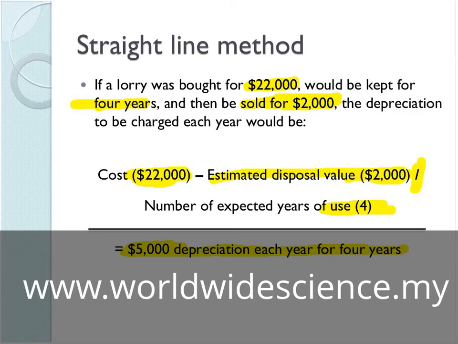So here it is given to you. In the income statement, we show the profit and loss account. We must show our depreciation, right? Based on the presentation, we show our equipment for 22,000, and we less the depreciation, which is the 5,000. This is for year number 1, and it will be equal to our equipment 17,000, right?